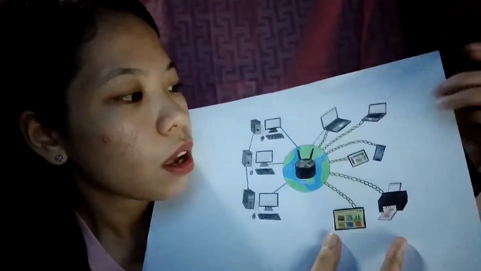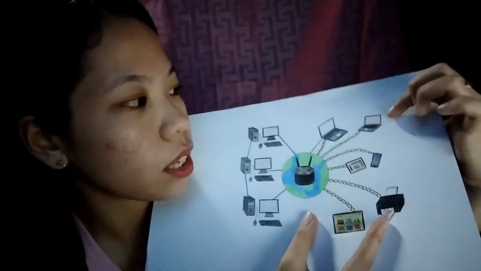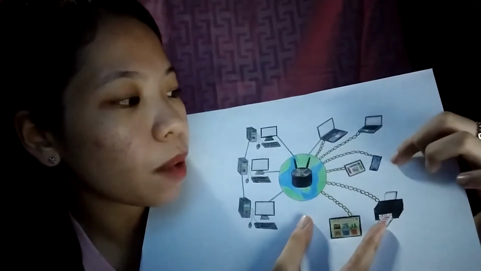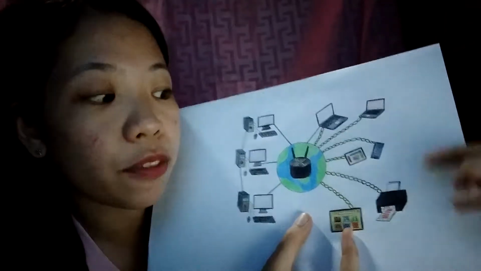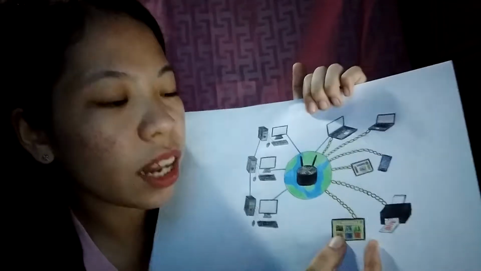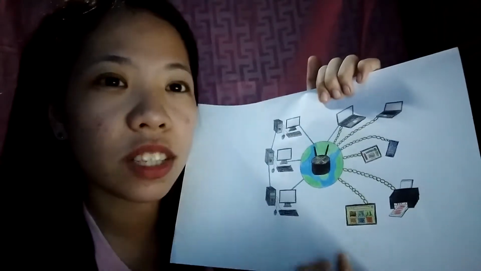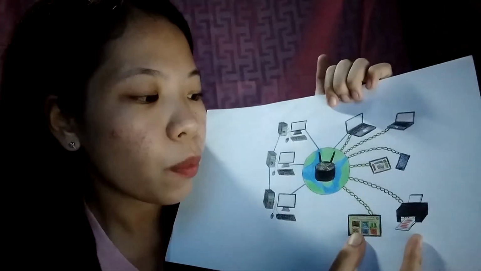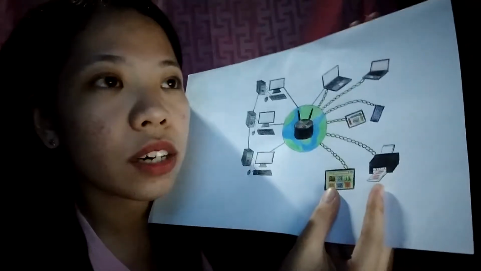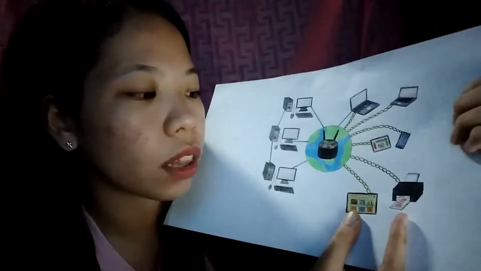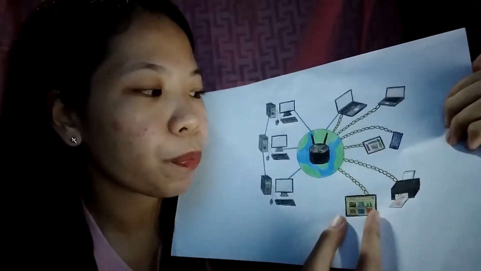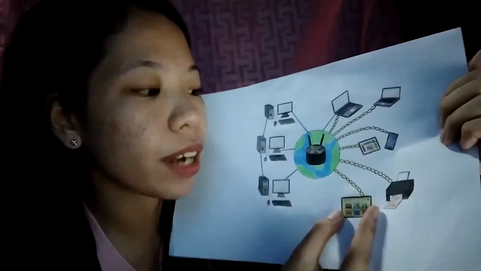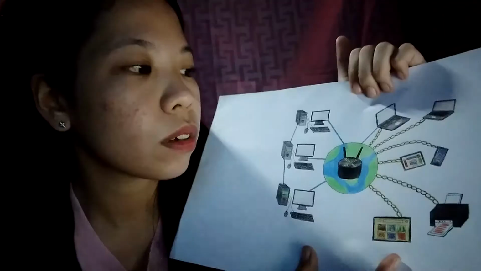So these are the laptop, cell phone, tablet, printer, and television. Television, because in this generation, we all know that there are existing televisions that are capable of connecting to the internet, and also the printers.